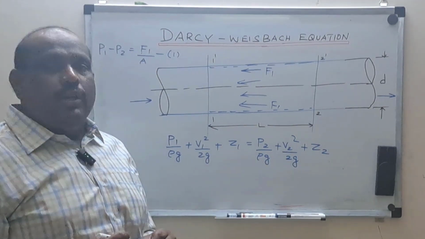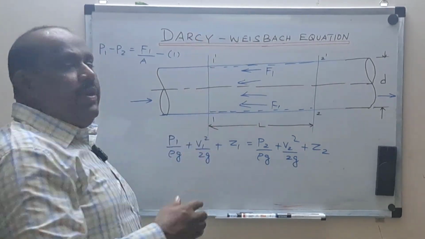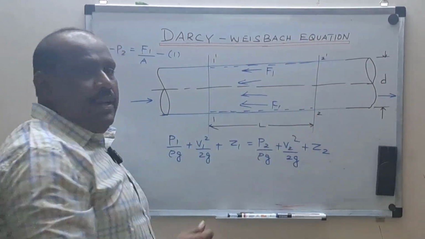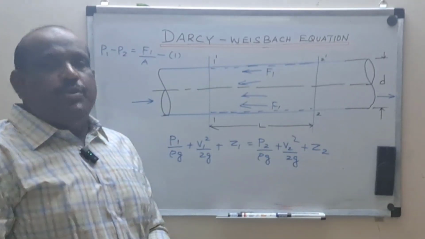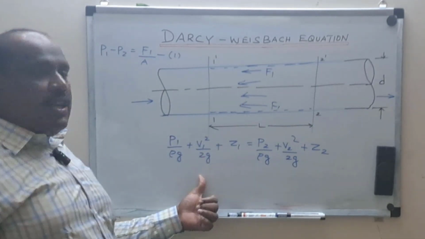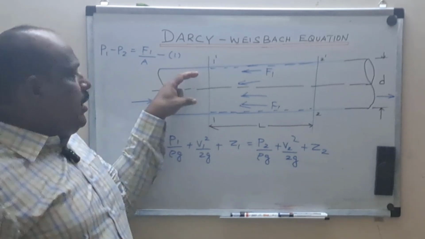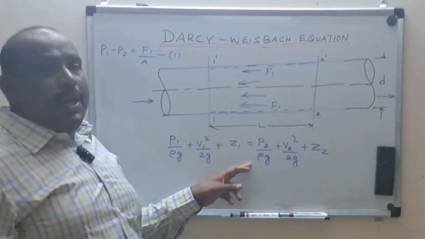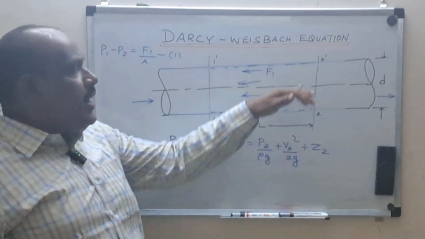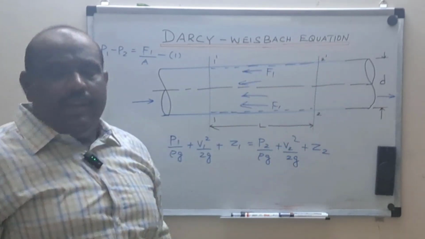What does it mean? The total head or total energy at 1 1 dash will be equal to the total energy at 2 2 dash. The total energy, which is the summation of pressure head plus velocity head plus datum head at 1 1 dash, will be equal to the pressure head, velocity head and datum head at 2 2 dash.